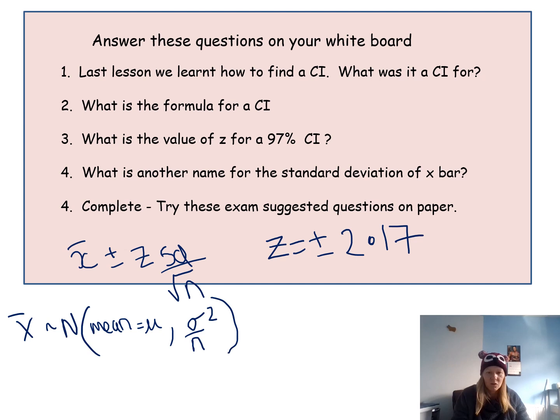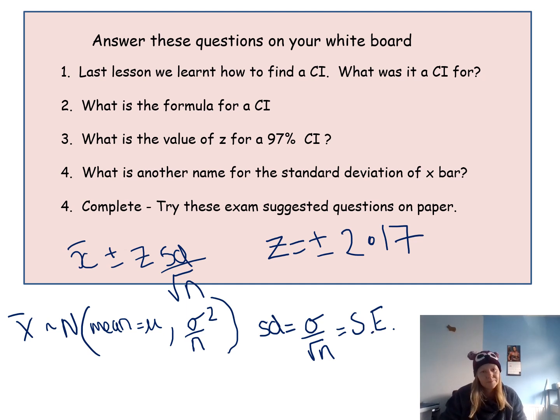That's the variance because we put mean and variance in the brackets as the parameters for x bar. But the standard deviation is sigma over root n. Another word for this whole thing, or it could be s over root n, wouldn't matter, is standard error, S.E. for short.